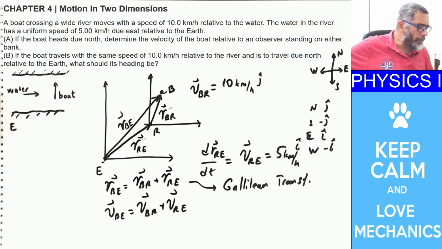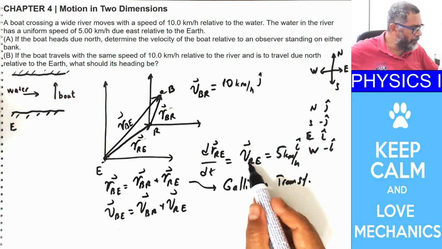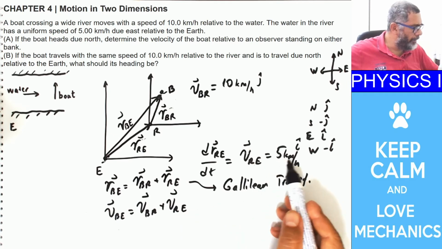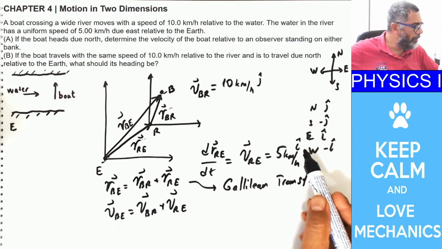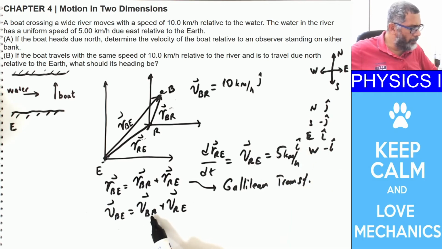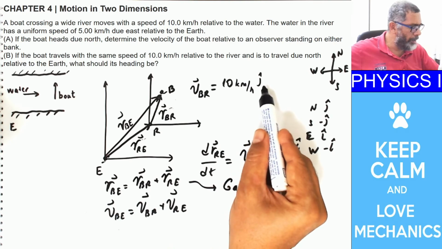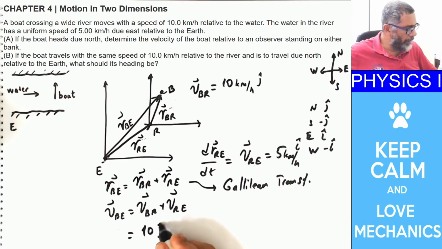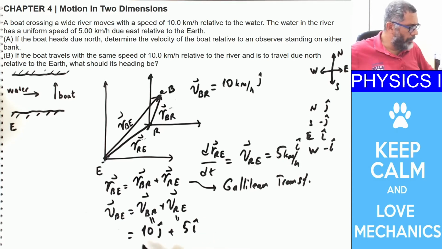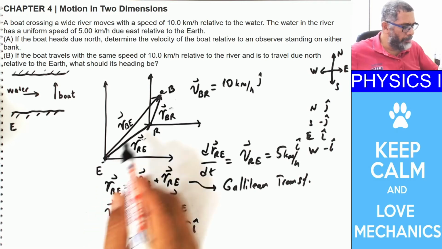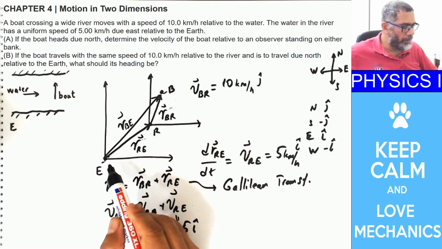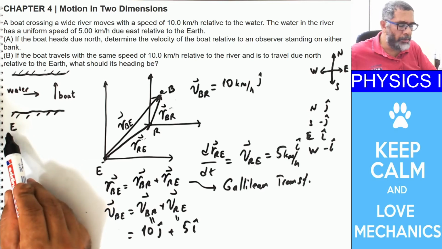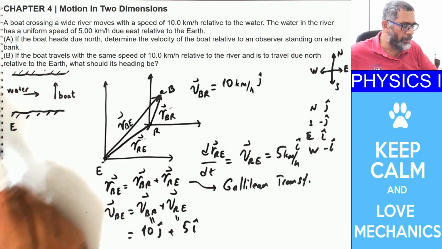Okay. So we know that the velocity of the river with respect to Earth is just 5 kilometers per hour multiplied by I, and the velocity of the boat with respect to river is 10 kilometers per hour J. So just put these numbers, 10J plus 5I, and the units are kilometers per hour, and this will be the velocity of the boat measured by somebody who is on the bank of the river, on Earth.